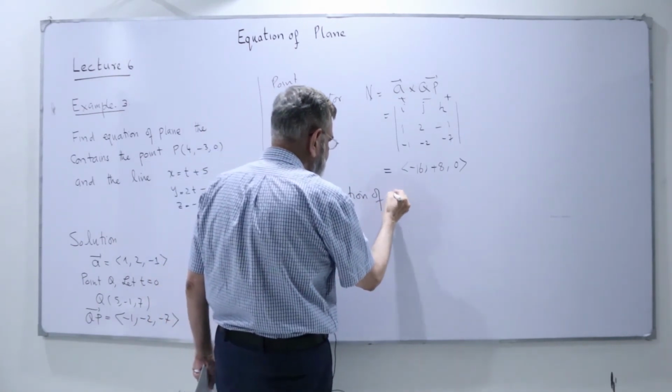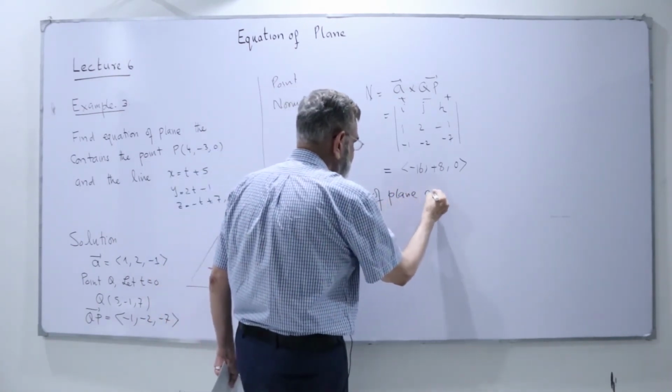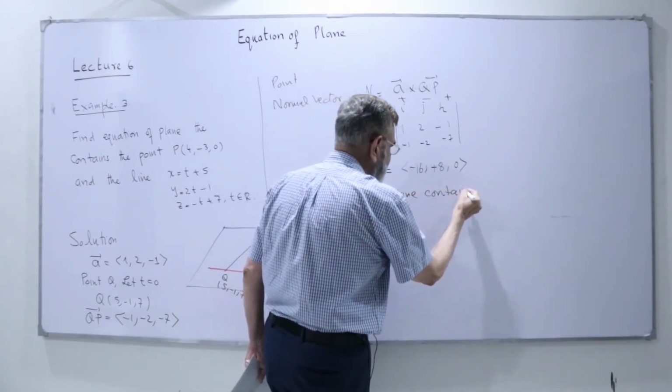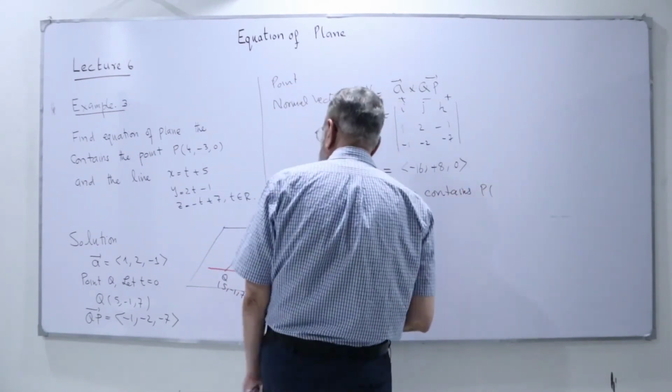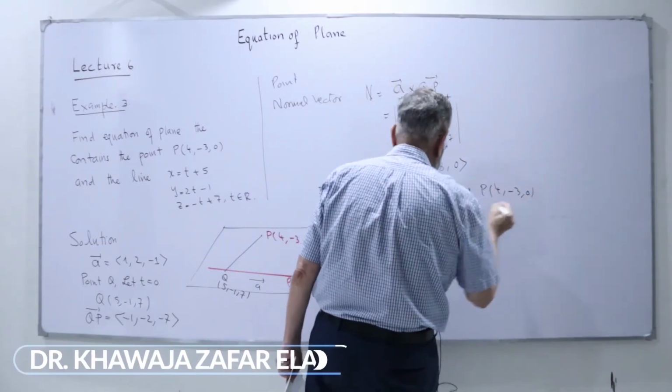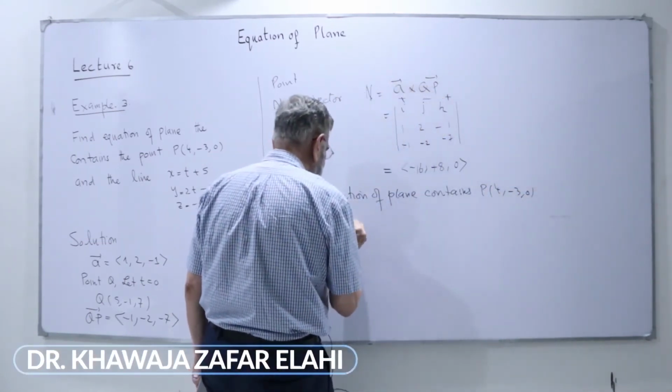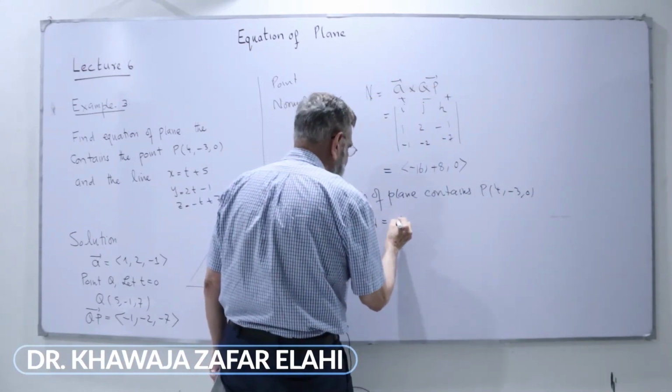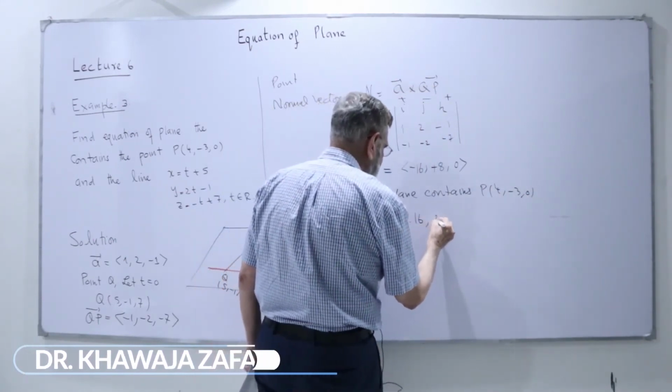The equation of the plane that contains point P, which is given to me as (4, -3, 0), and the normal vector n has coefficients -16, 8 and 0.